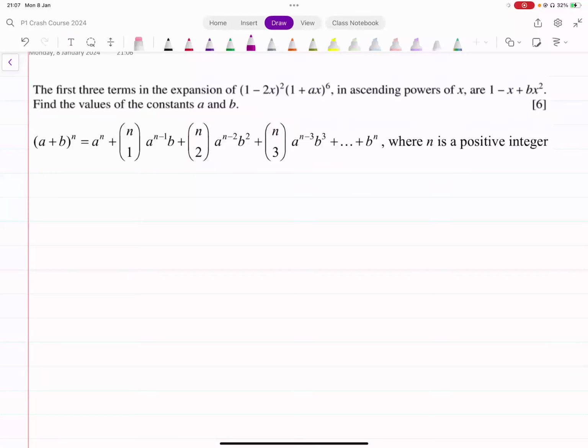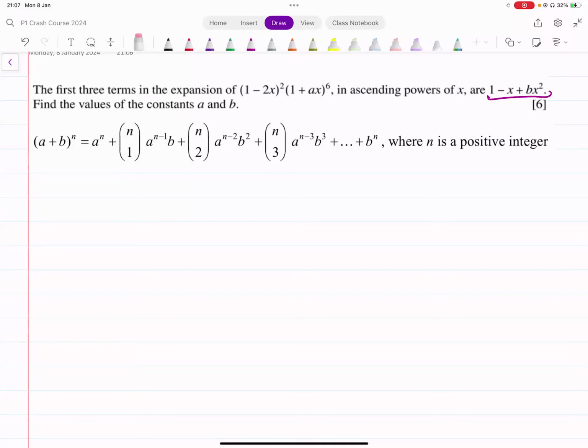The first three terms in the expansion of (1 minus 2x) squared into (1 plus ax) raised to power 6, in ascending powers of x, are 1 minus x plus bx squared. We need to find the values of the constants a and b.